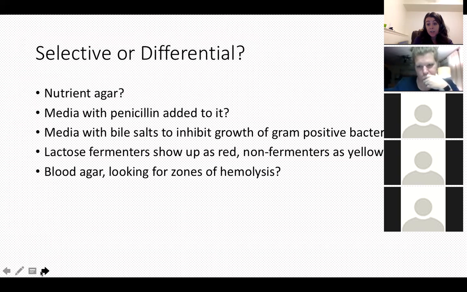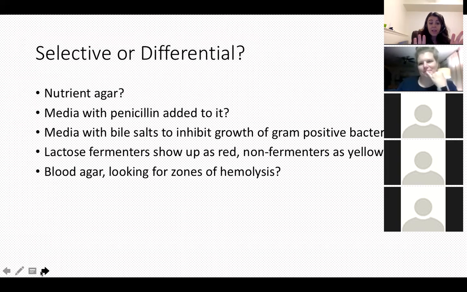So nutrient agar, in case you don't know, is a kind of agar that a lot of bacteria can grow on, that has stuff in it bacteria can use. So in this scenario, it's not acting as either selective or differential.